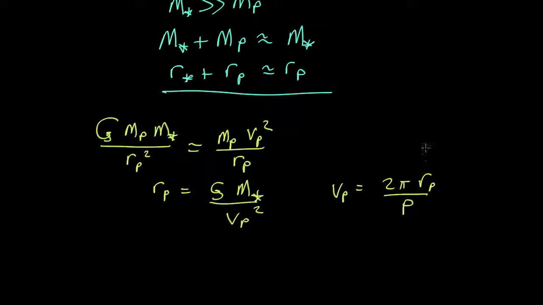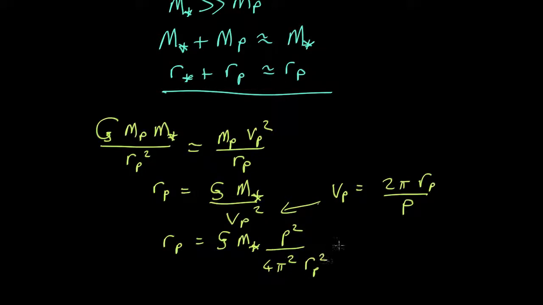That's just from working out how long it takes to go around a circle. So if we substitute that into here, we end up with r planet equals G m star P squared all over 4 pi squared r planet squared.